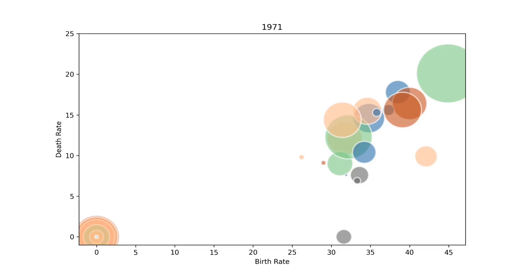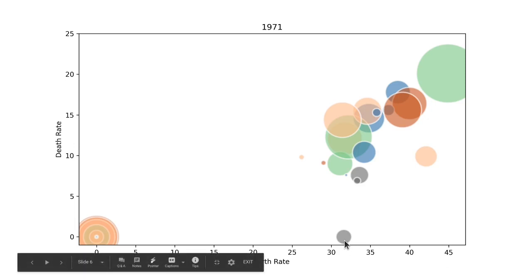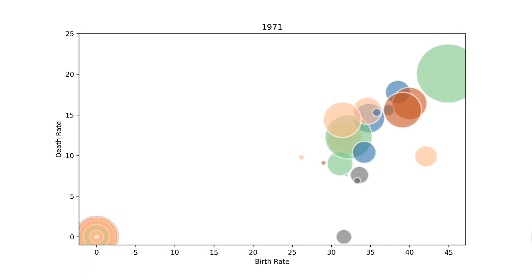For some states we had birth rates but we didn't have any death rates, so they are right here, this one. Now we will see the time-lapse GIF which I have made from 1971 to 2016.